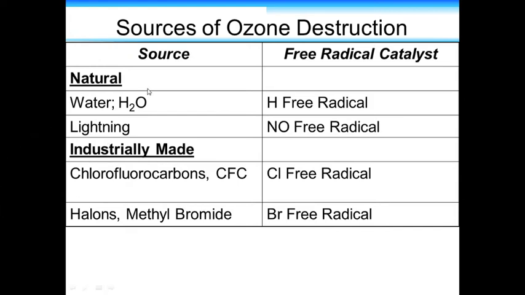There are natural sources. Water can break down into hydroxyl radicals. Lightning can form these nitrogen monoxide radicals. And then there's industrially made. The CFCs and the halons form these other radicals that can react with ozone.